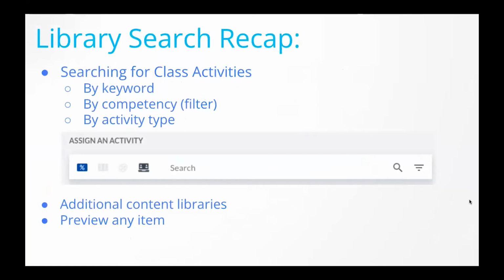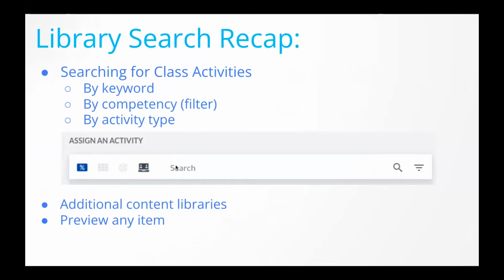So the search idea is we've got all these activities that are already created. They can come as assessments, the little percent guy, collections, which kind of looks like a waffle, and offline activities. Your three activity types are these three icons, and whichever one is blue is the one you're looking for.